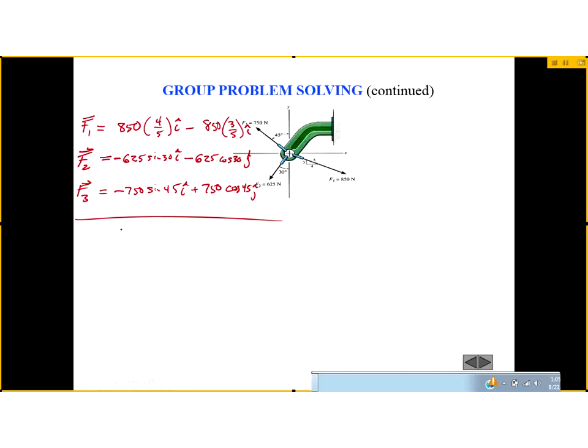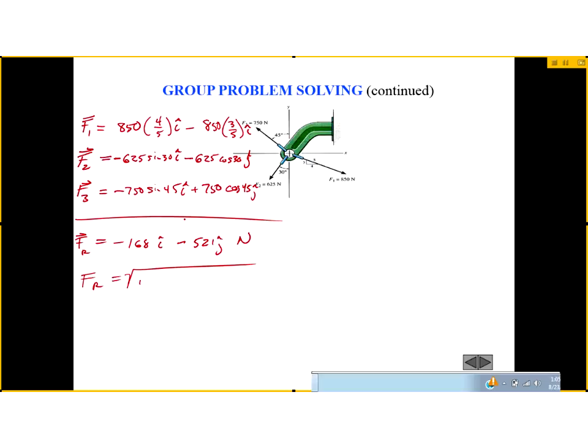In case you're interested, the resultant, if you want to check on your calculator, should be minus 168 in the x direction, and then minus 521 in the y direction, in Newtons.